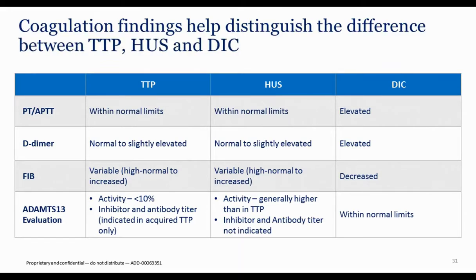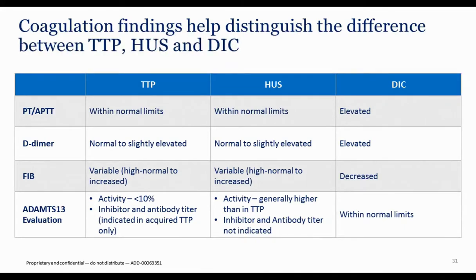Now, there are two additional tests that we can do along with the ADAMTS13 activity. That would be the inhibitor level as well as the antibody titer. These two additional assays would be reflex testing, but they would only be indicated in a patient that had an acquired TTP as opposed to a patient with congenital TTP.